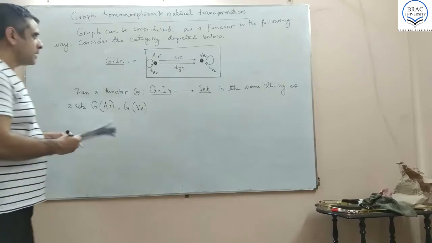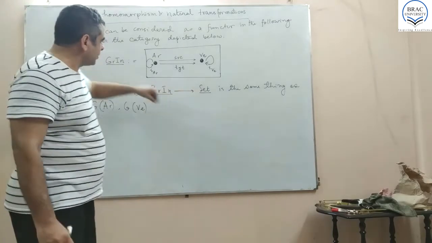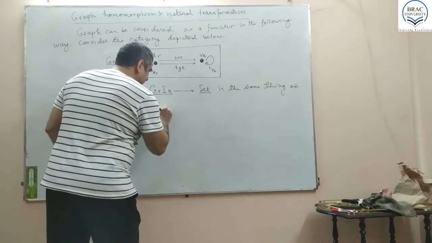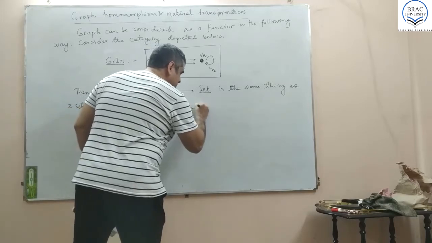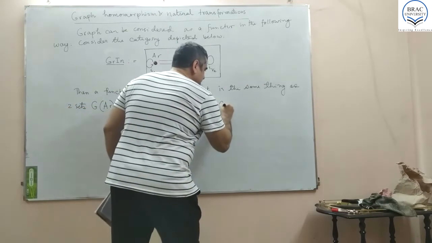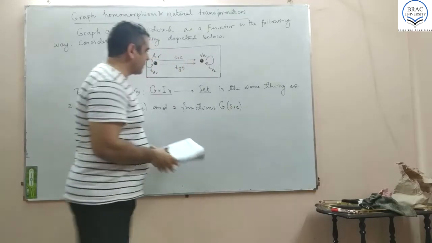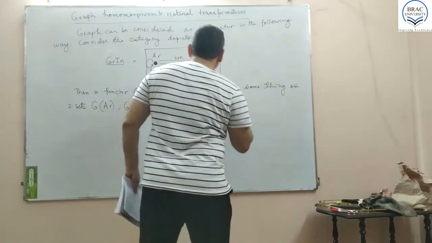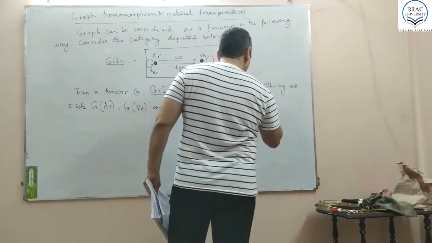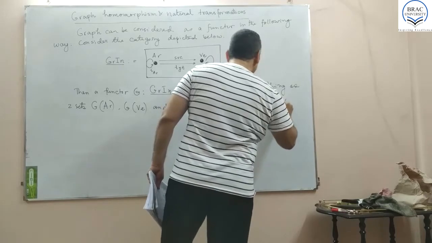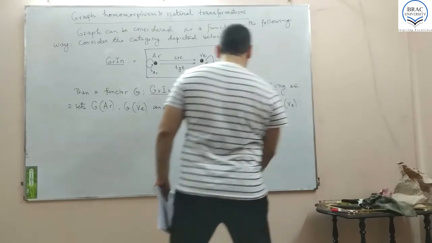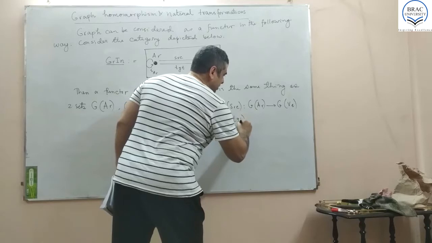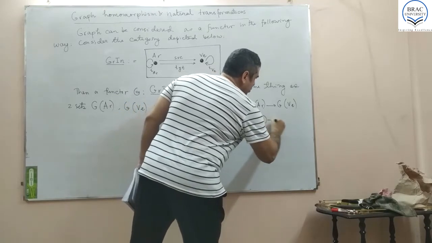And there will be 2 maps under this functor, which are 2 functions, GSRC and GTGT, between GAR and GVE, from GAR to GVE.